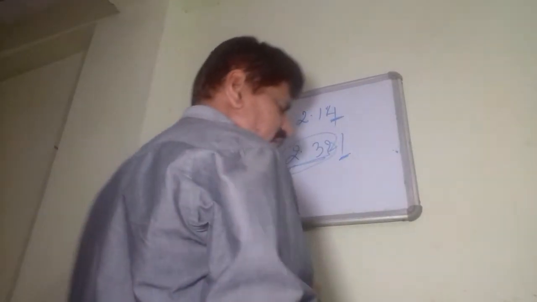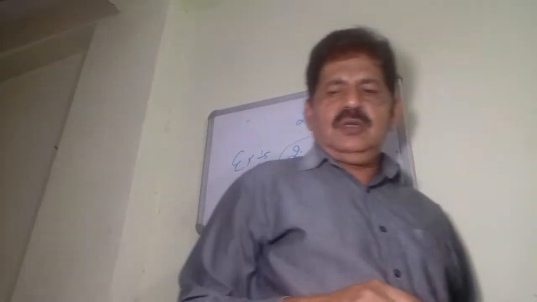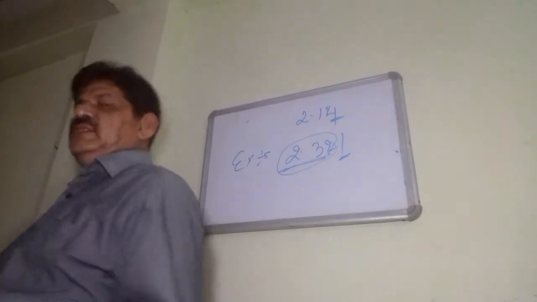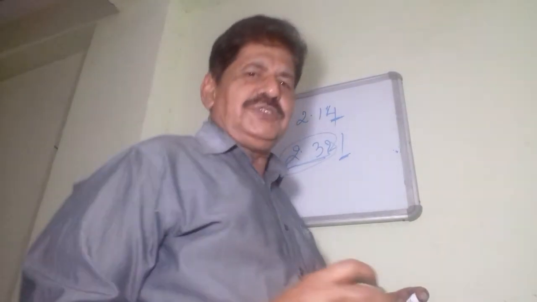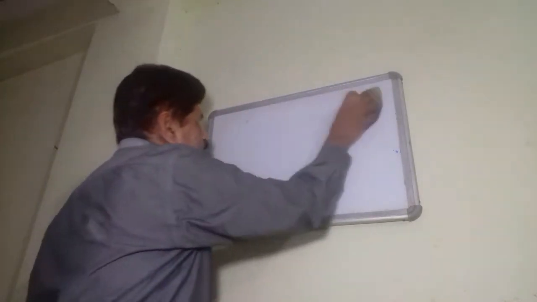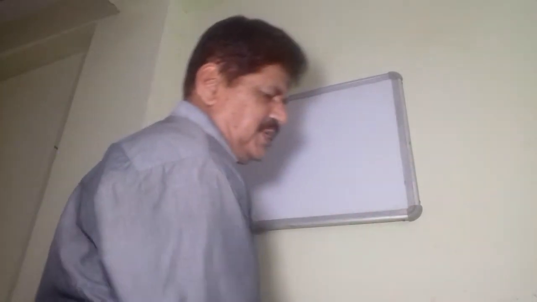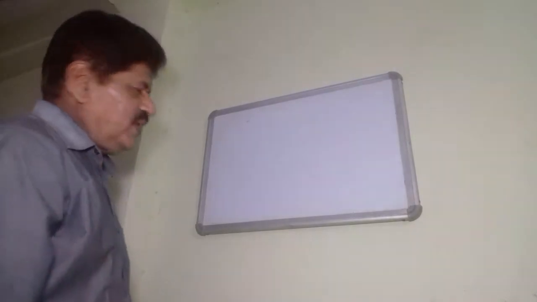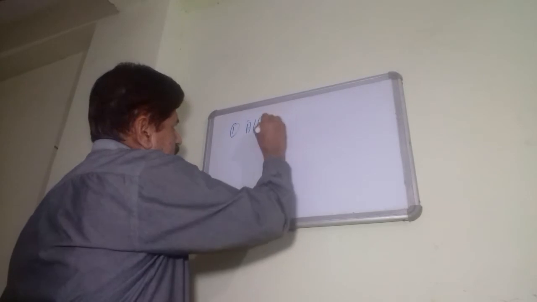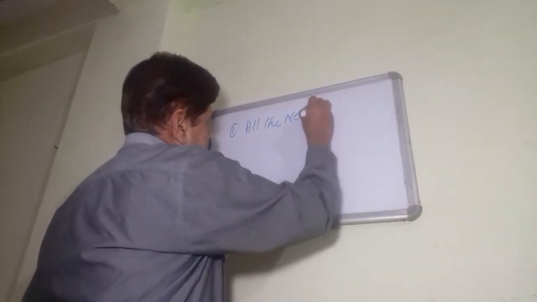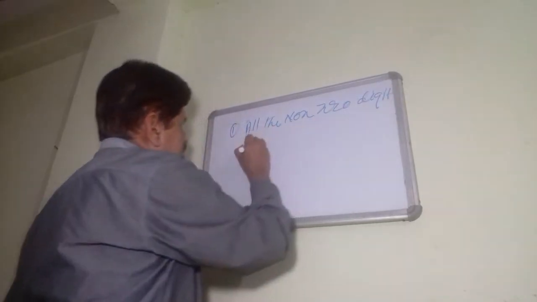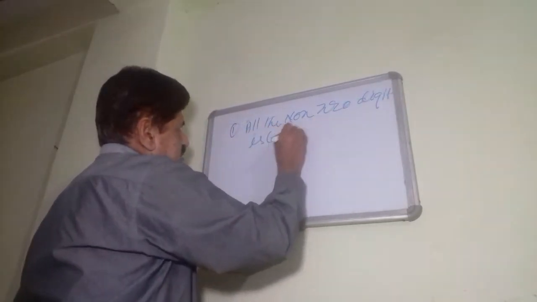Now, to obtain the number of significant figures in any physical quantity, there are certain defined rules. So we should apply those rules to obtain the number of significant figures. First, all non-zero digits are counted as significant figures.